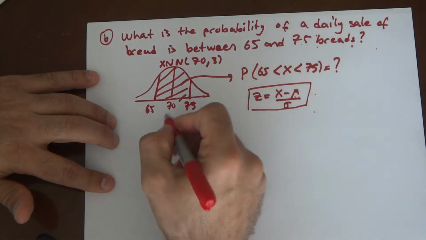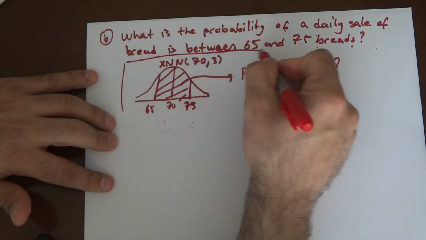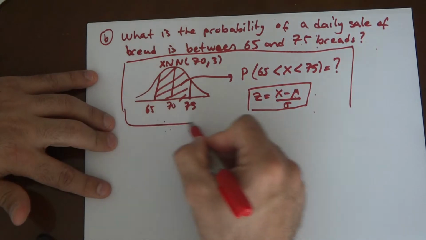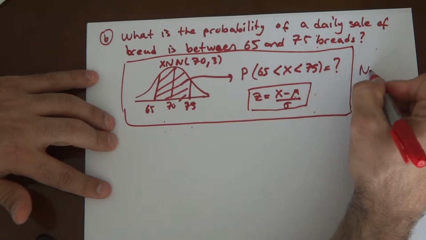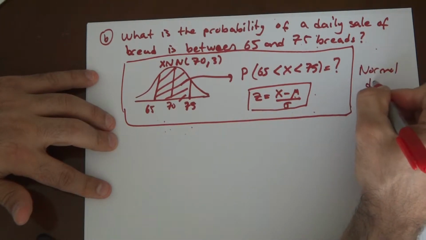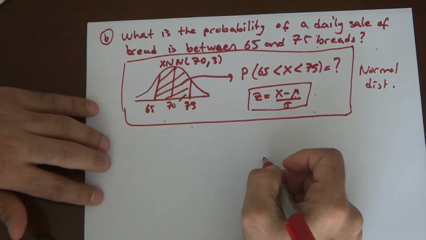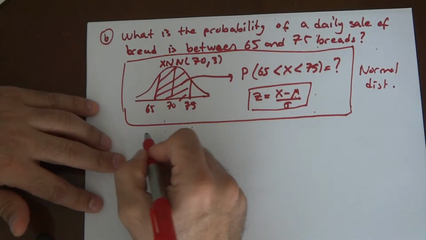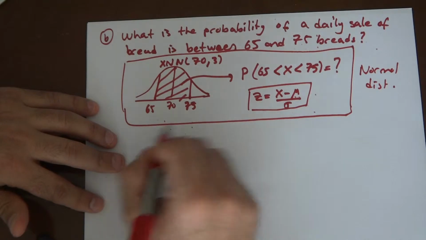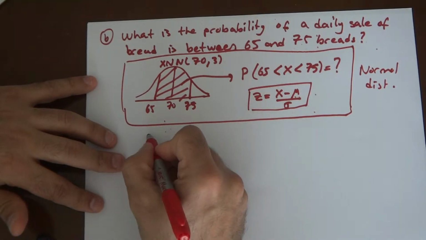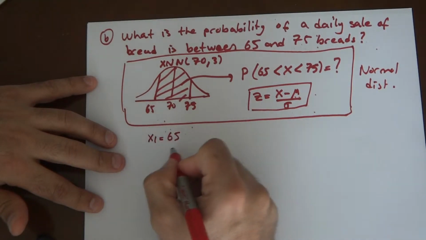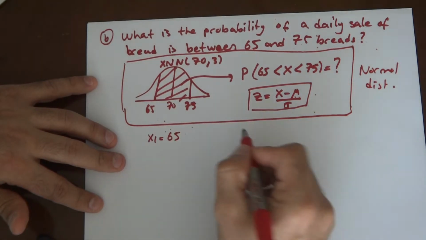Okay? So this is the question, right? This is the normal distribution, and the same thing becomes a standard normal distribution as follows. So what is the x1? x1 is 65. What is the value of 65 in z state?